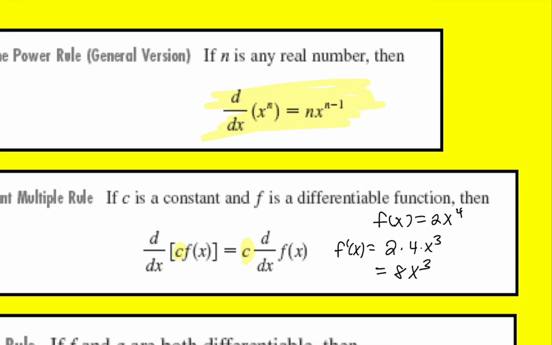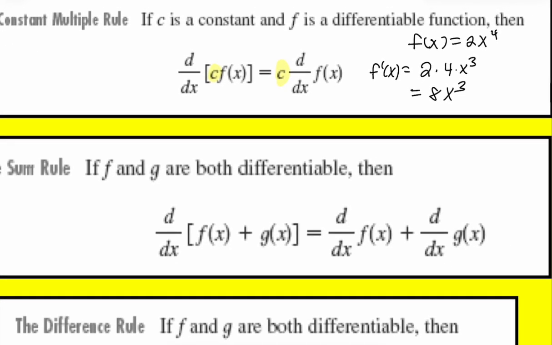Okay. If two functions are differentiable, we can take the derivative of each individual piece. Let me show you an example of that. Say we have some function. Let's just go with some things we know already. X to the fourth plus x cubed. I know what the derivative of x to the fourth is. I know what the derivative of x cubed is.